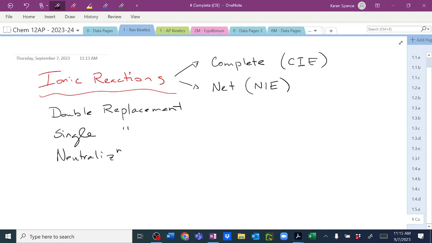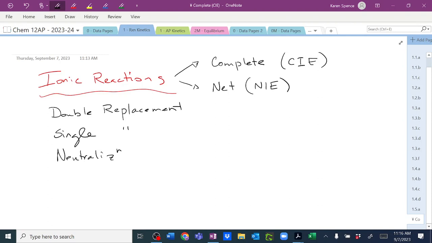Usually not for synthesis and decomposition because we're not usually working with solutions. And when you don't have solutions, you usually don't have ions floating around. So like if I gave you a piece of magnesium and I burnt it, it would combine with the oxygen, but there wouldn't be ions floating around.